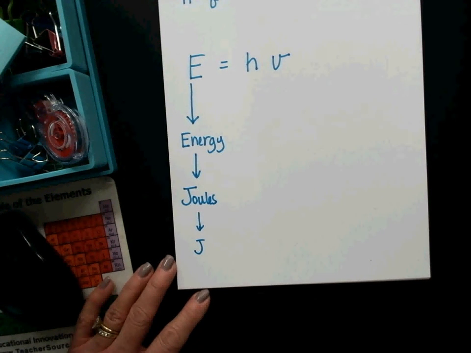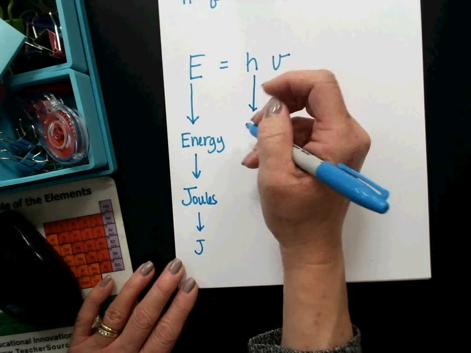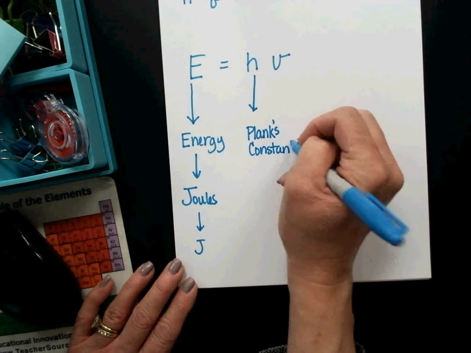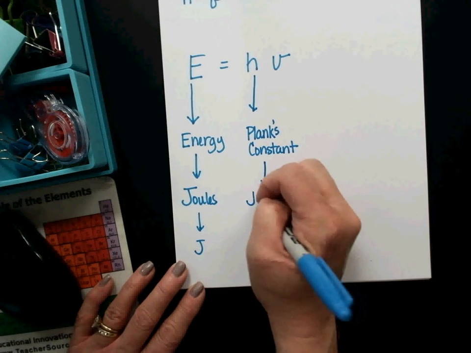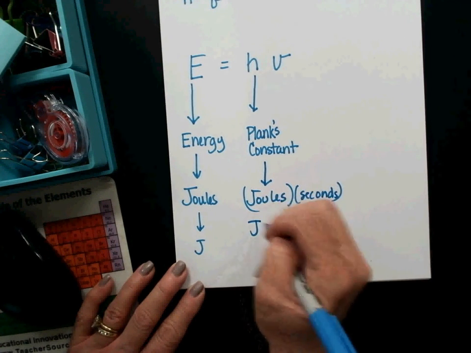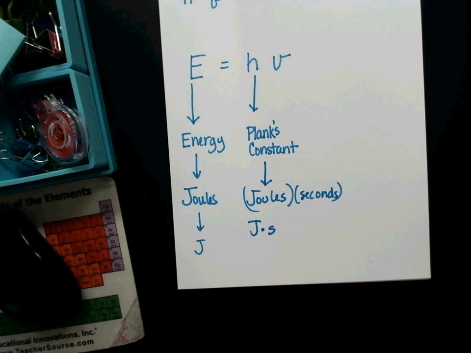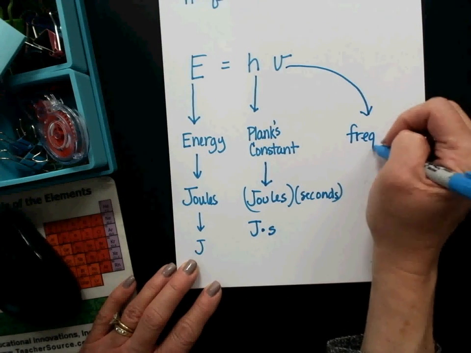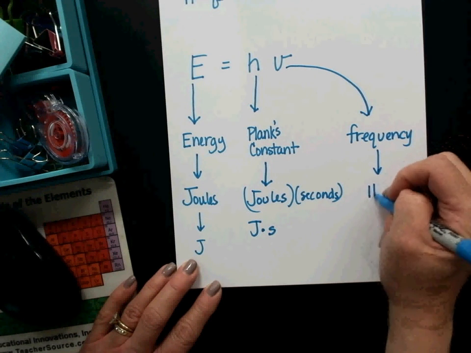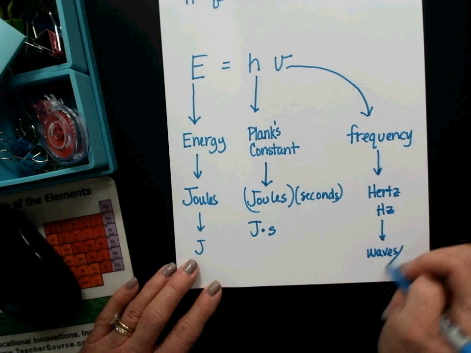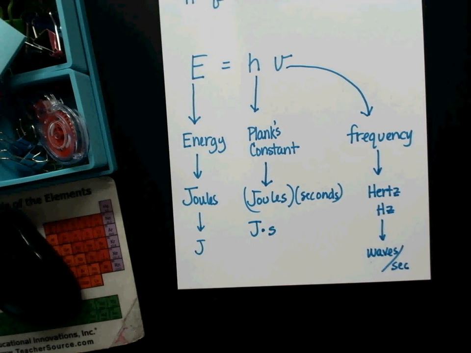And joules are capital J. h, Planck's constant, is measured in joules times seconds, or J times S. And then finally, over here, we have frequency, measured in hertz, or waves per second.